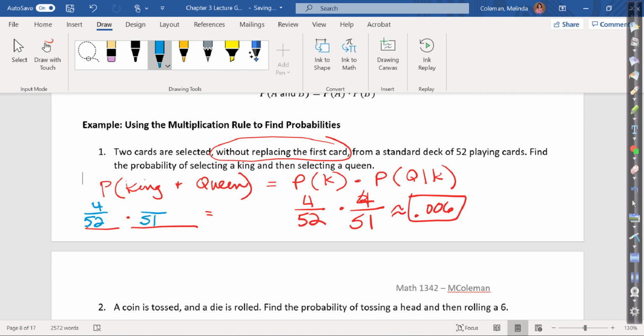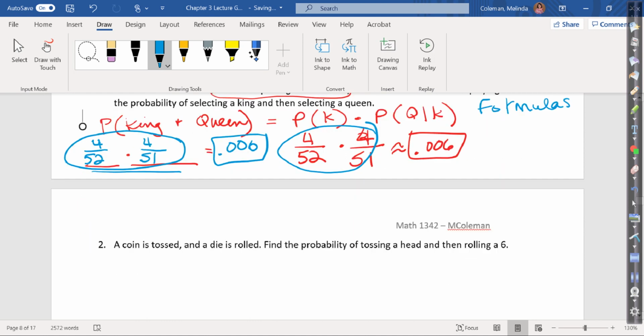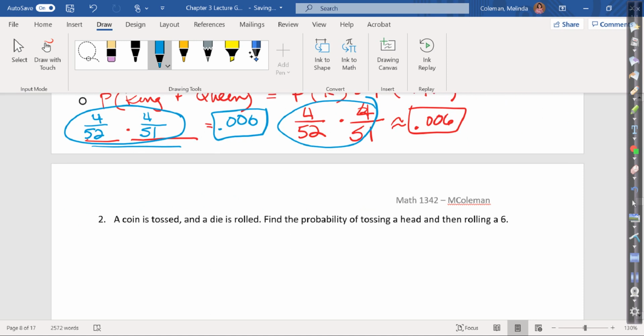The probability of getting a queen is now 4 out of 51. So it's the same formula as it is here, meaning my answer is still the same. But the way I thought about it might be a little different. This way, of course, is using more formulas, which is fine. This way is using a little bit more, maybe, I don't want to say logic, but a little bit more thing that may make sense to some of you. And that's fine. As long as it makes sense in your mind, you should be okay.